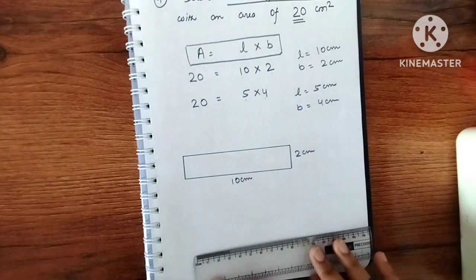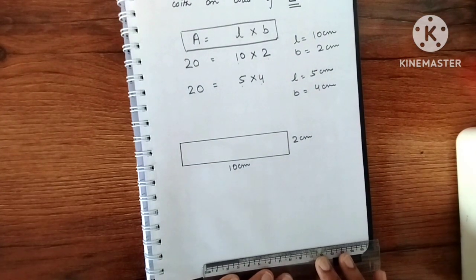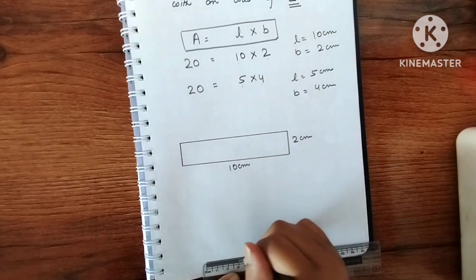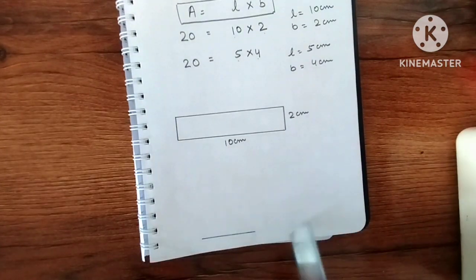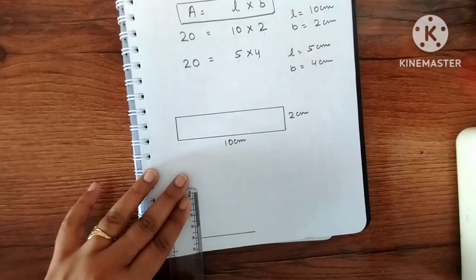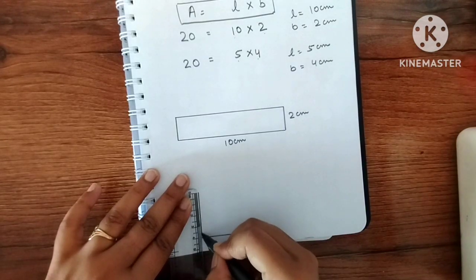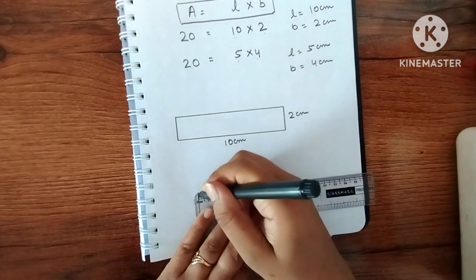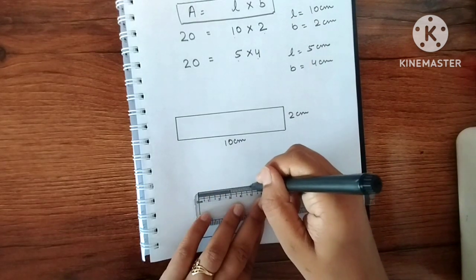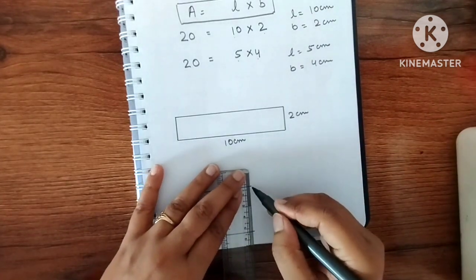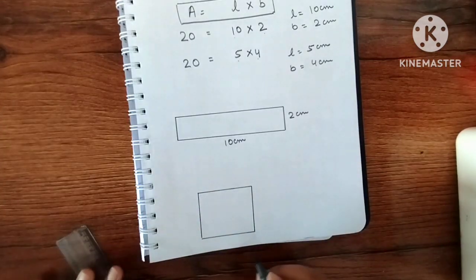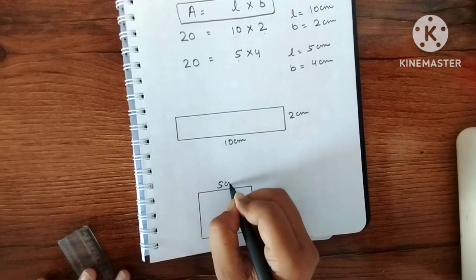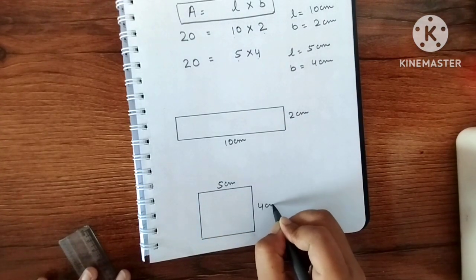Now for the second shape, the length is 5 centimeter and the width is 4 centimeter. So 5 and 4. So this is 5 centimeter, this is 4 centimeter.